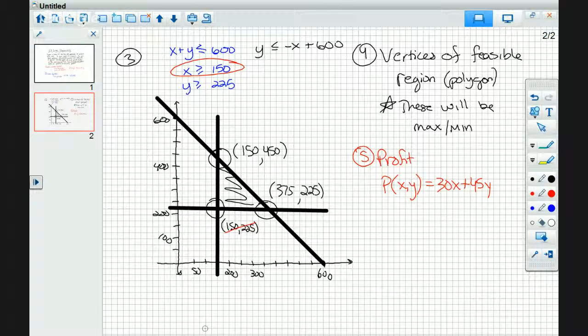Okay. What's the profit for that? Plug them in for X and Y. This is very calculated, it's pretty handy. That's 4,500.